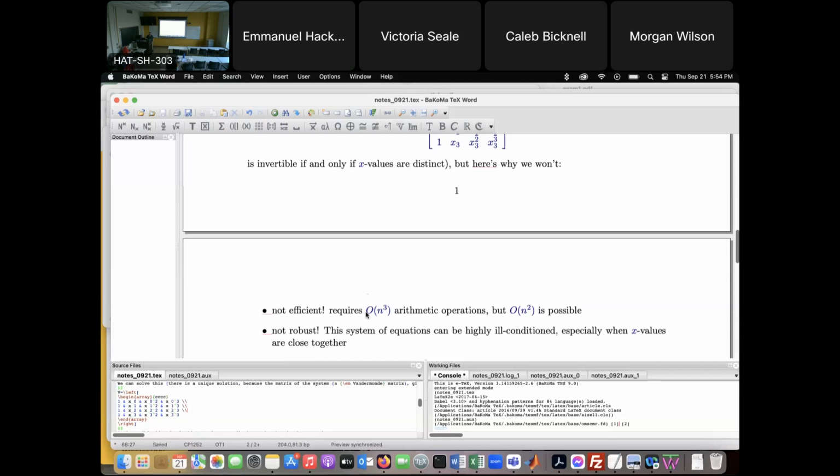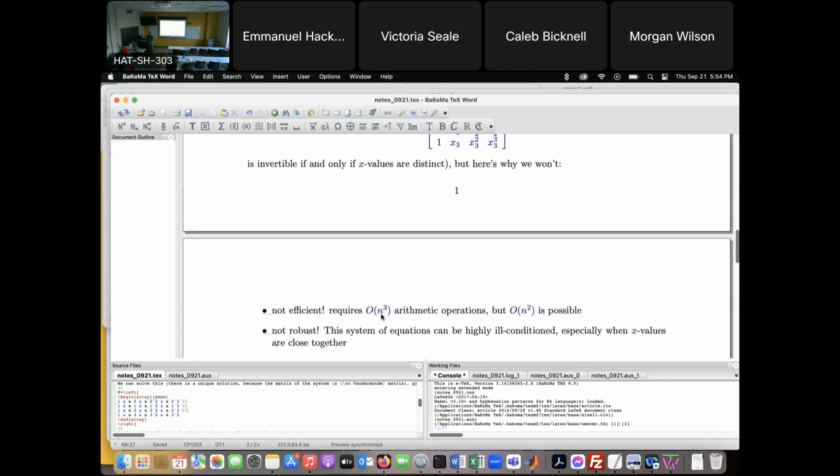This is the same big O notation that we've been using from section 2.1. What I'm saying with this statement is that the number of arithmetic operations needed to solve this system can be bounded by a constant times n cubed for n sufficiently large, as n goes to infinity. And that's pretty expensive.